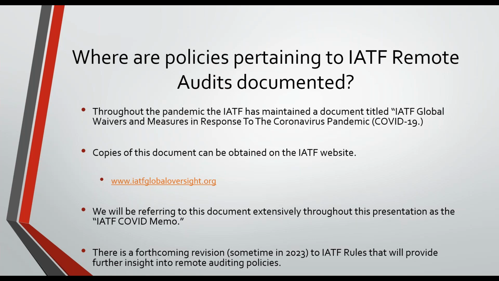Now, that is a public domain document. You can find it on the IATF website, which I provided the URL on screen here. So I'll be referring to that document through the rest of my presentation as the COVID memo.